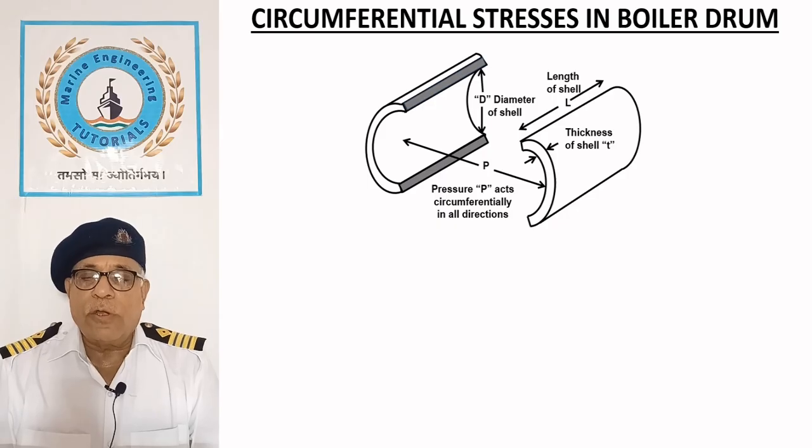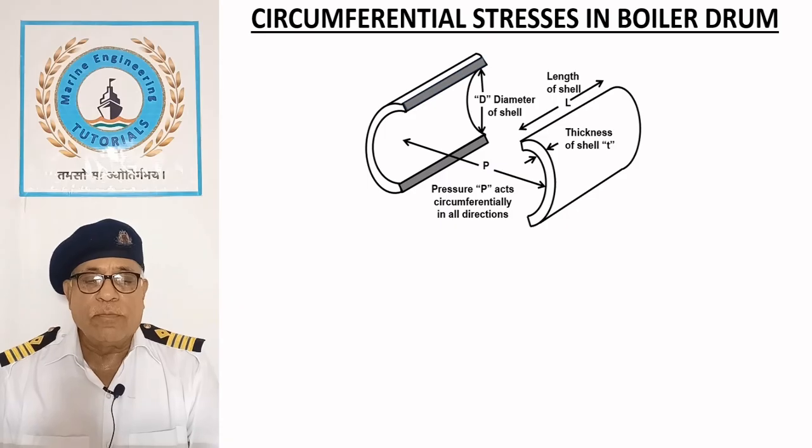Since the internal pressure acts uniformly in all directions, circumferential stresses are set up in the shell. If these stresses exceed the strength of the resisting material, the shell may rupture longitudinally.